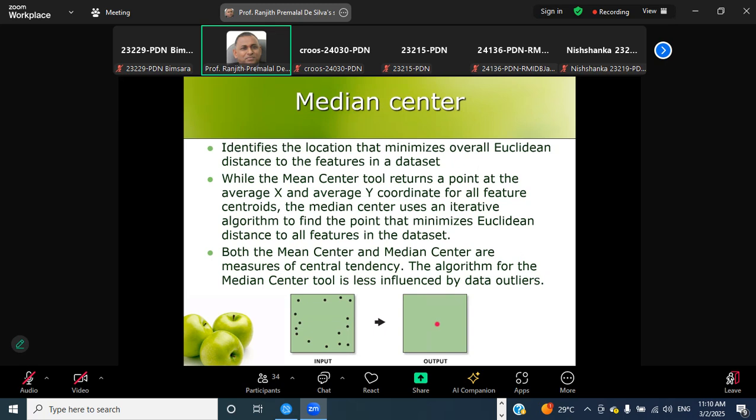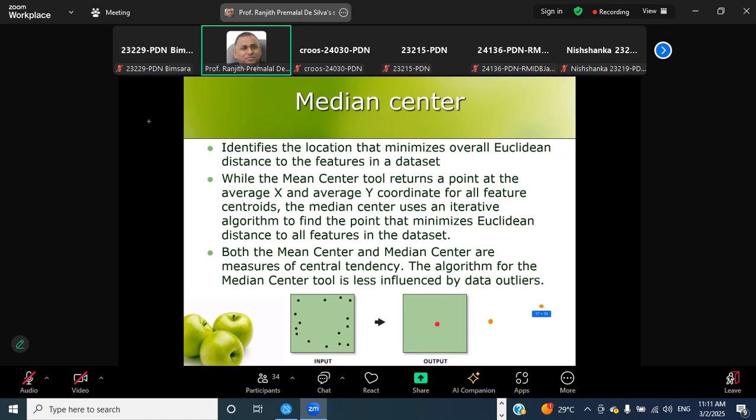What is Euclidean distance? Euclidean distance is the direct aerial distance between the 2 points. Now, say you have a point here and a point here, right?